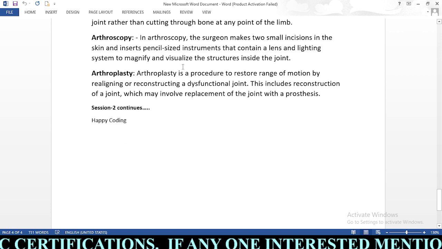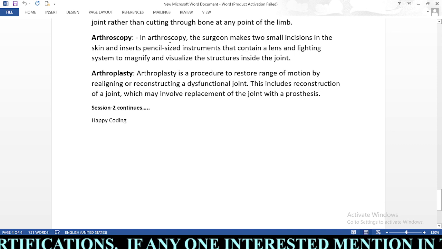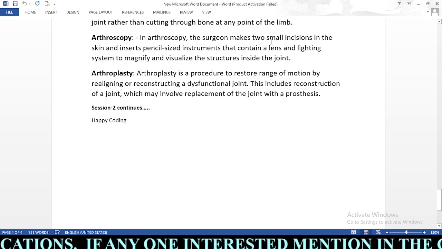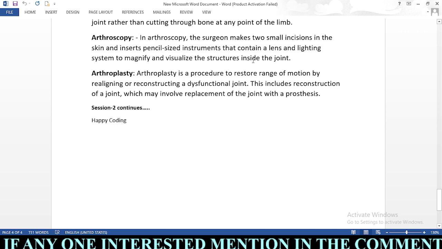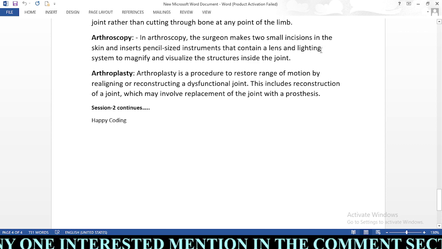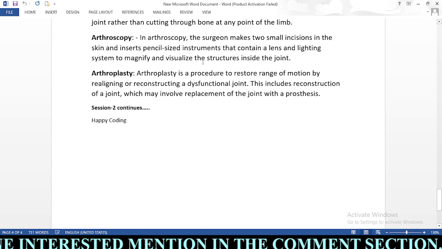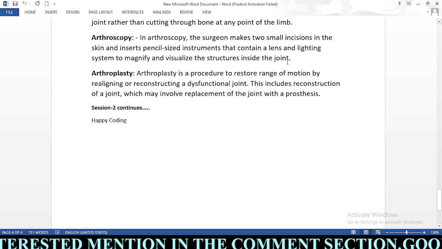So next one is arthroscopy. In arthroscopy, the surgeon makes two small incisions in the skin and inserts pencil-sized instruments that contain a lens and lighting system to magnify and visualize the structures inside the joint.